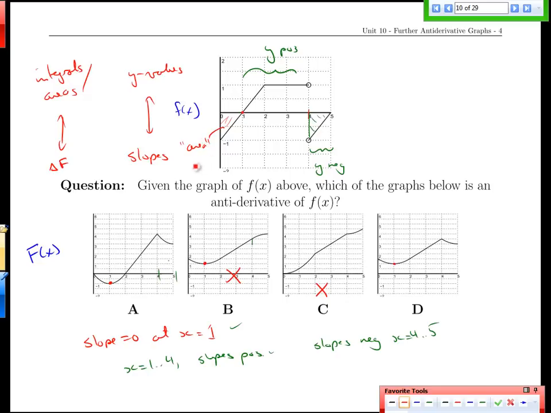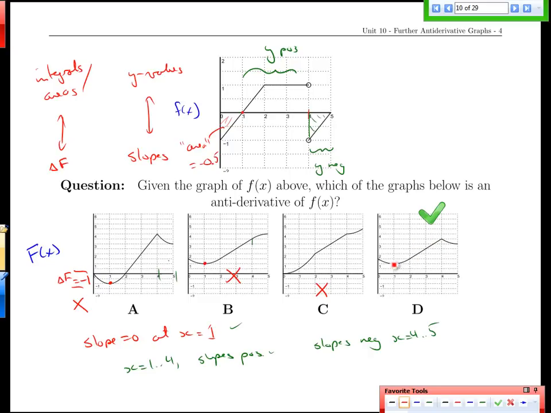This integral value, or area, is negative 0.5. So the function should drop by 0.5, going from x equals 0 to x equals 1. This one has a change in F of negative 1. That's not what we need. So the final answer, the correct graph, must be D.